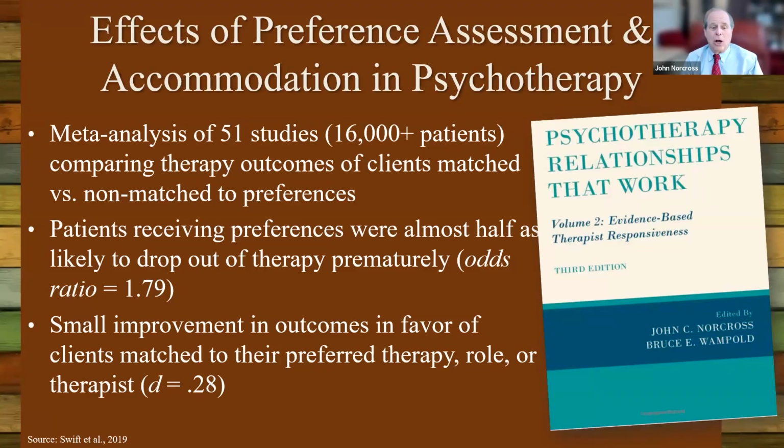If you simply look at the improvement in outcomes from accommodating preferences, it's smaller, about a d of 0.28. So still significant, still something we would like. So you are both improving the effects of therapy, however you measure them, as well as reducing dropouts.